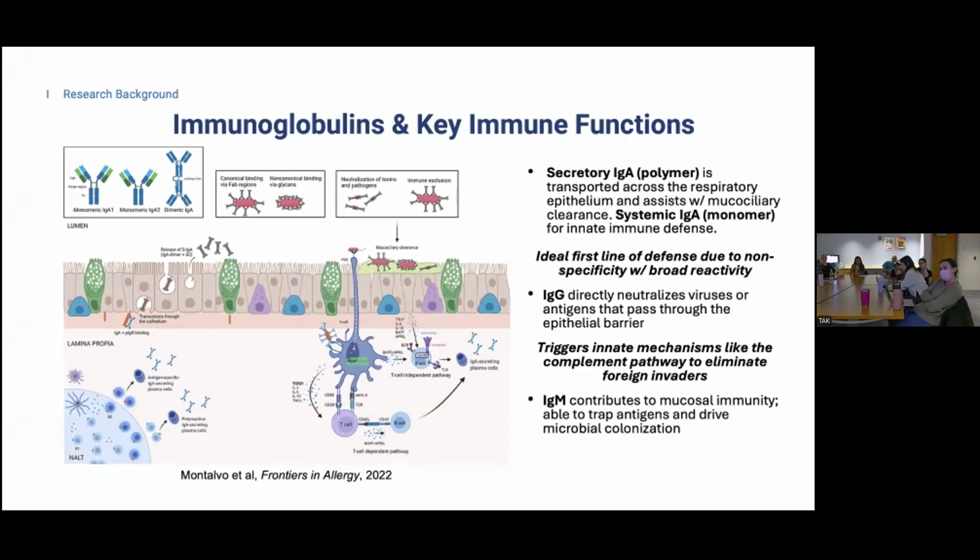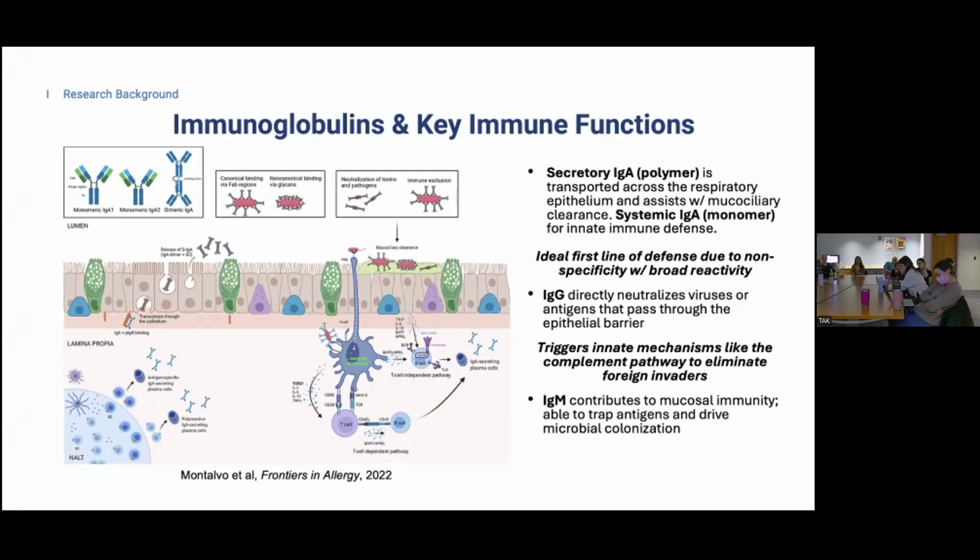So the T cell dependent exposes the antigen to a B cell, and IgAs will be created from a plasma cell. So you have two IgA types, one specific to the antigen and one non-specific. The IgAs are then secreted through the respiratory epithelium via transcytosis and then mainly function in the mucociliary tract.